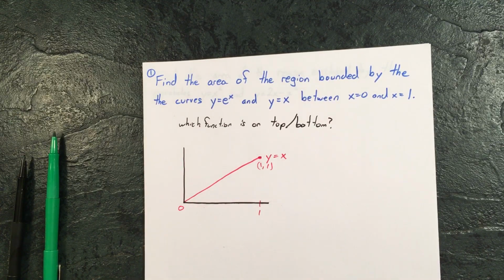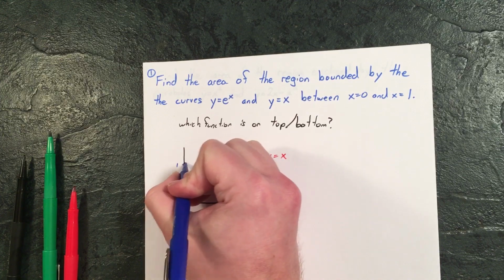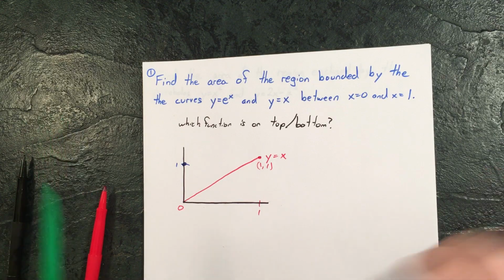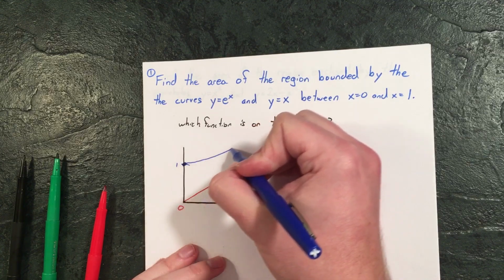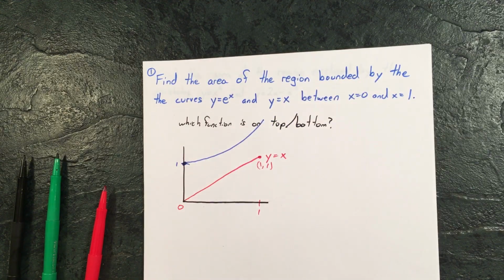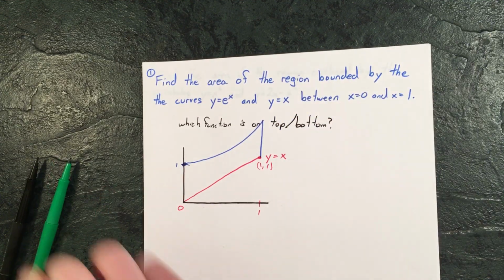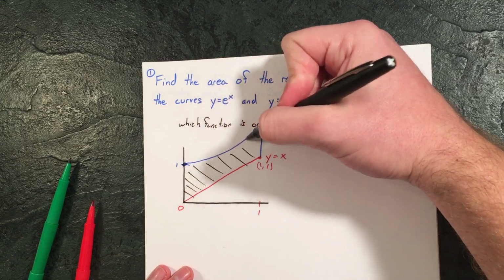Well, at e to the 0, that's going to be 1 up here, so that's our first point. Then it's an exponential function. As we go up to 1, it's going to shoot up a little bit off the chart that I've drawn here, but it is going up. And so the area between curves that we're looking for here is this.